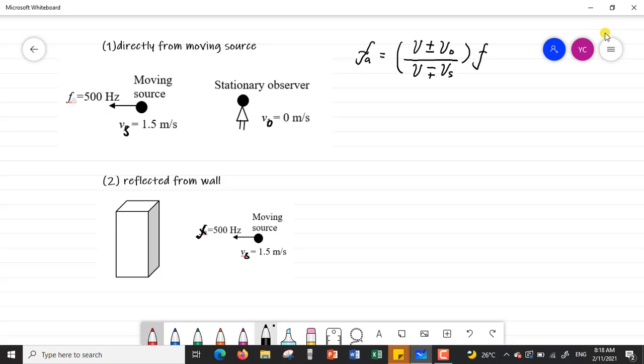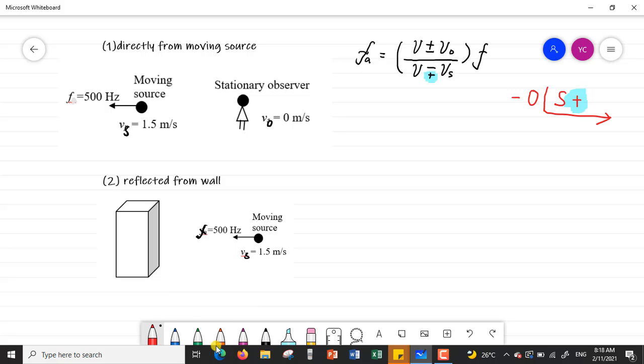How are we going to determine? We are going to use the OS method. So our moving source is moving away from our stationary observer. So our source is away, going far from our observer. So we have a plus sign for the velocity of the source.